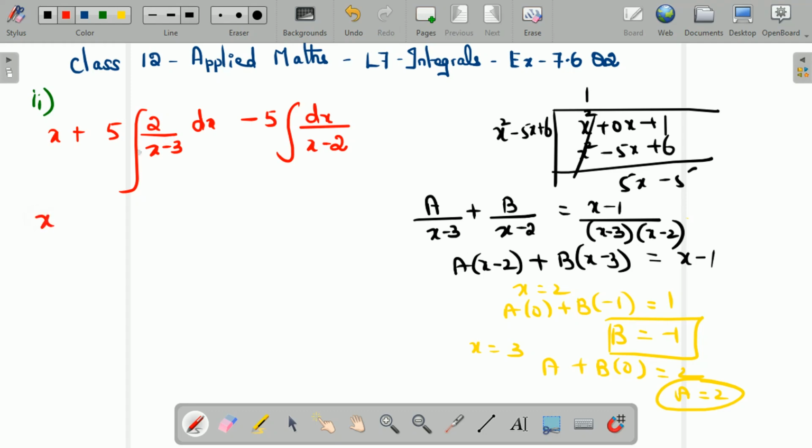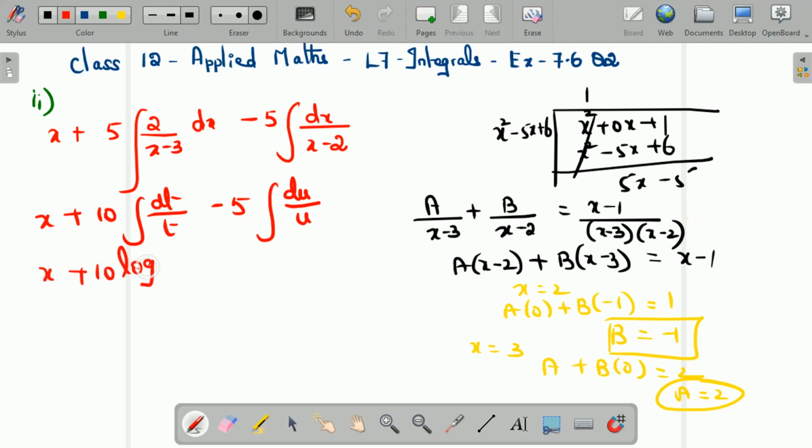So this particular integration will reduce into plus 10 integral of dt divided by t, minus 5 into integral. Here if I put x minus 2 as u, this dx will become du by u. So on direct integration, it is x plus 10 log t, which is (x minus 3), minus 5 log (x minus 2) because u is x minus 2, plus c.